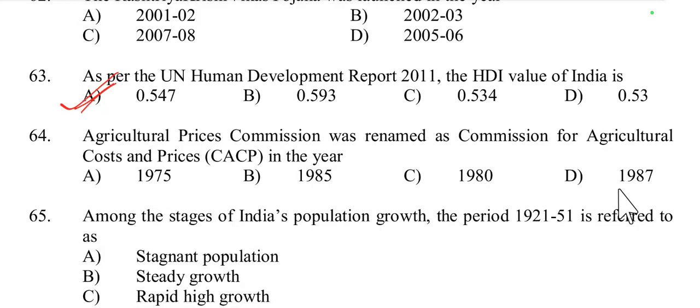The right answer is 1980. The Agricultural Price Commission was set up in 1965 and renamed as CACP in 1980 to reflect its broader role in recommending minimum support prices, MSP.